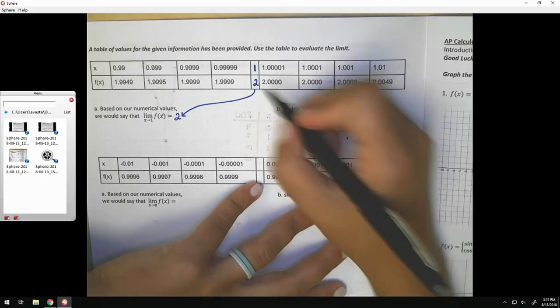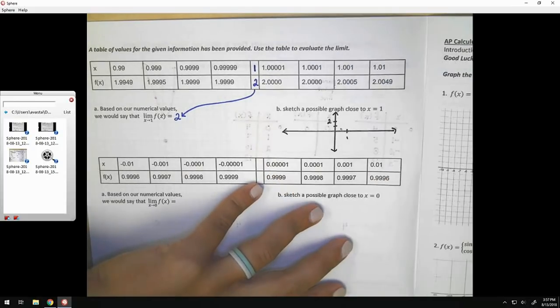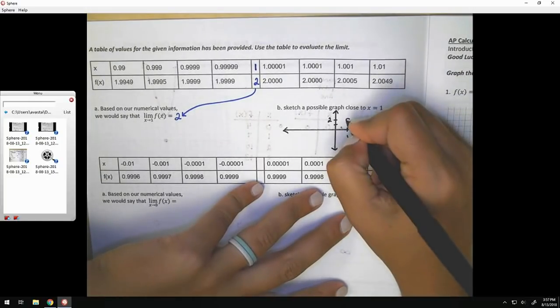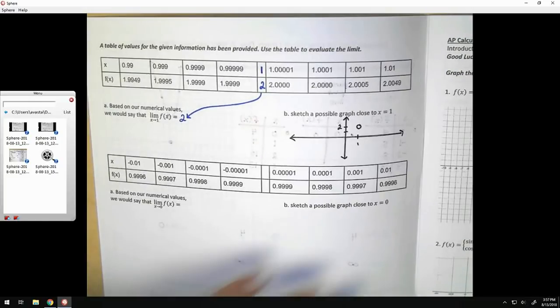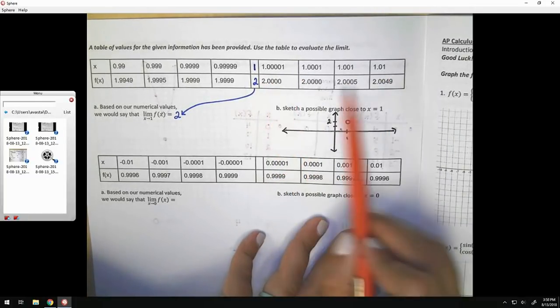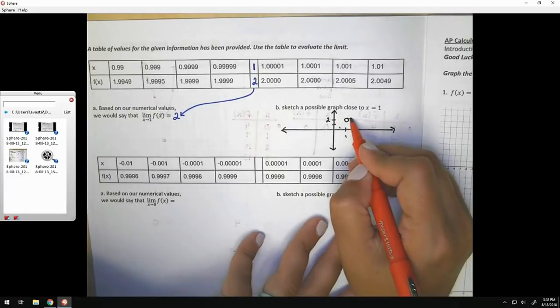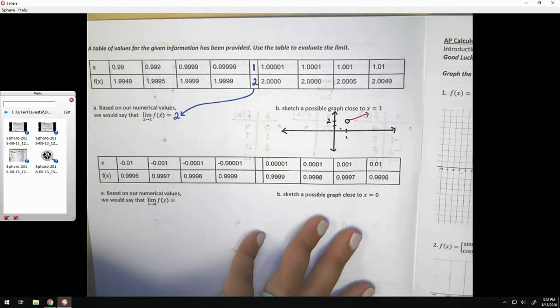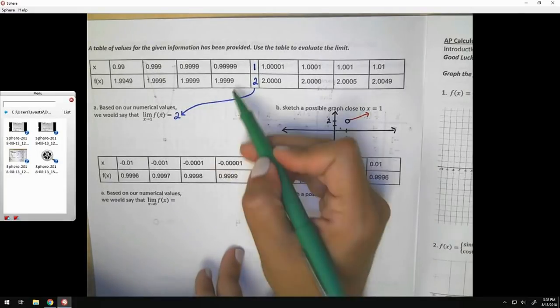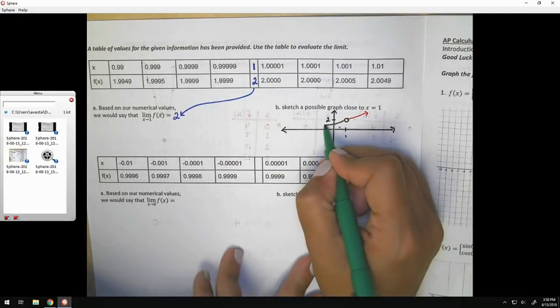Because there's no value filled in here, I can't promise that it actually touches the number 2, so I'm going to put an open circle there. When I'm bigger than 1, my numbers are bigger than 2, so from here I'm going to make my graph go up. And when I'm less than 1, I'm less than 2, so from here I'm going to make my numbers decrease.